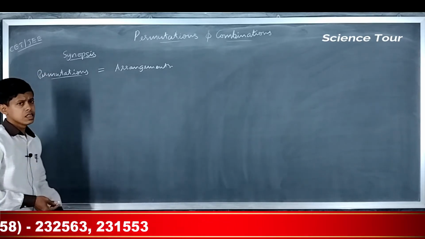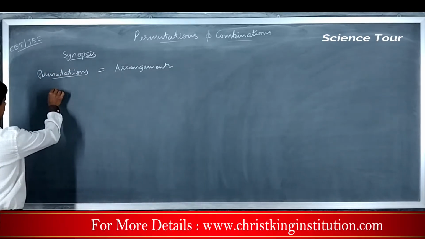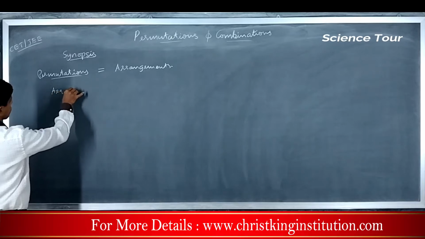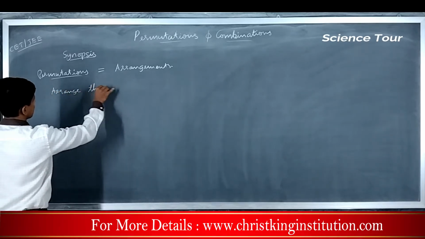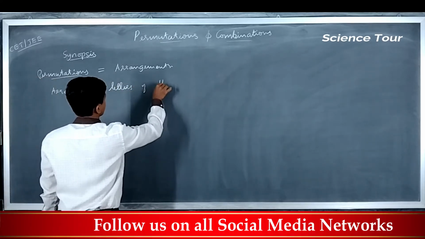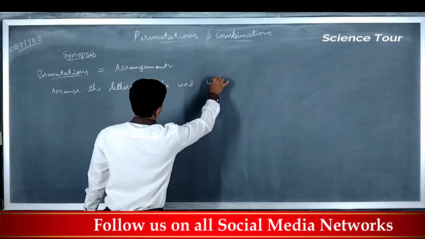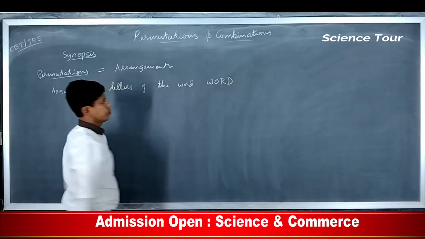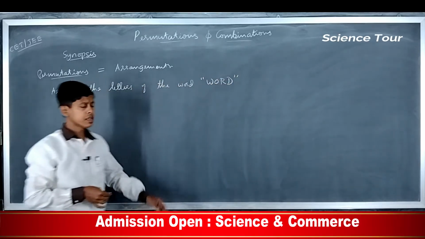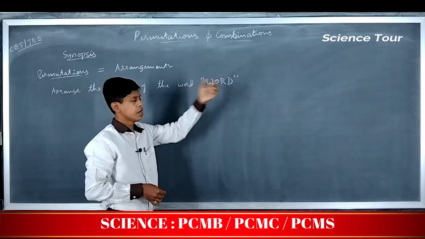Now let me take the example of the letters, all right. So arrange the letters of the word. So how many letters are there? WORD, 4 letters.